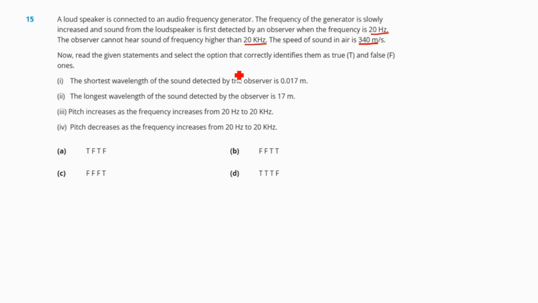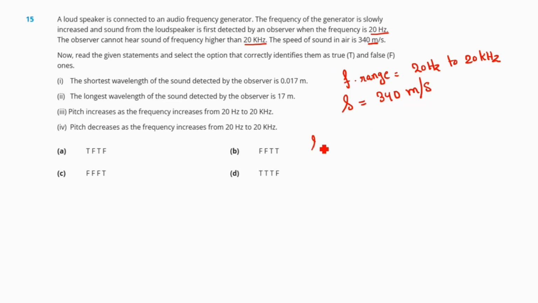Now, let us understand which statement is correct and which statement is not. So before that, let us deduce something. Here we have the frequency range. I'll just write frequency range, F range is 20 hertz to 20 kilohertz, right? And the speed of the sound, I'll just write as S, speed of the sound that is mentioned here is 340 meter per second.